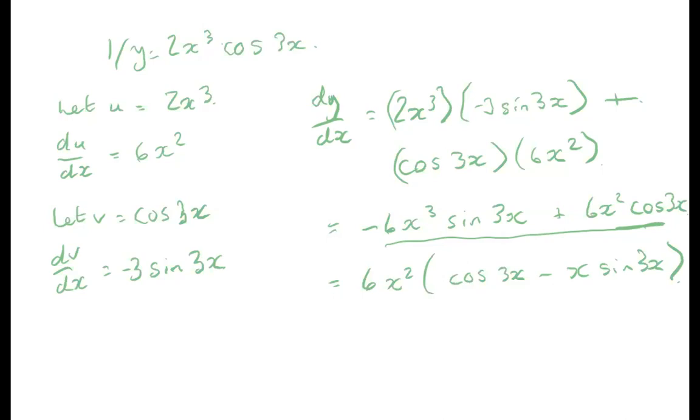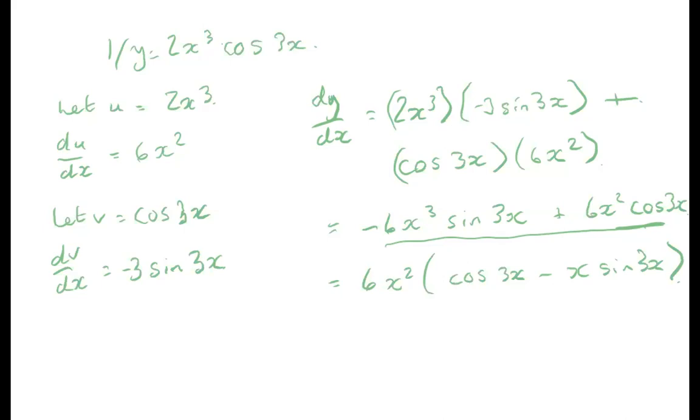But you can see why the negative has become a negative sign in the middle of the bracketed function, because you've shifted the cos 3x over to the other side. You don't have to.